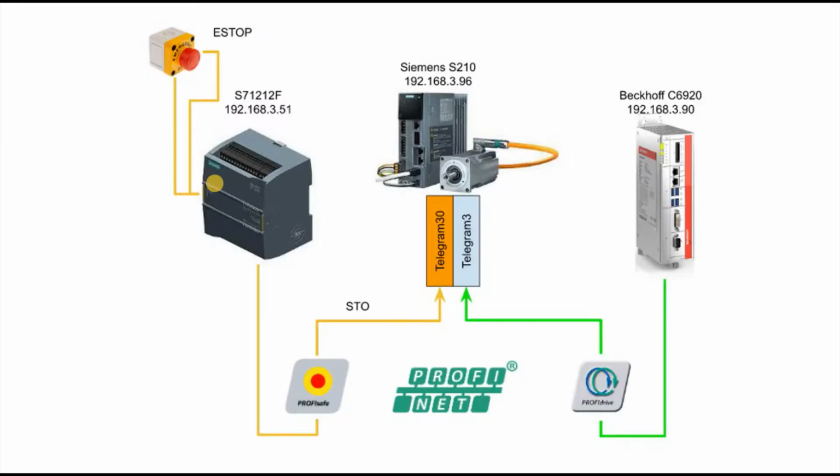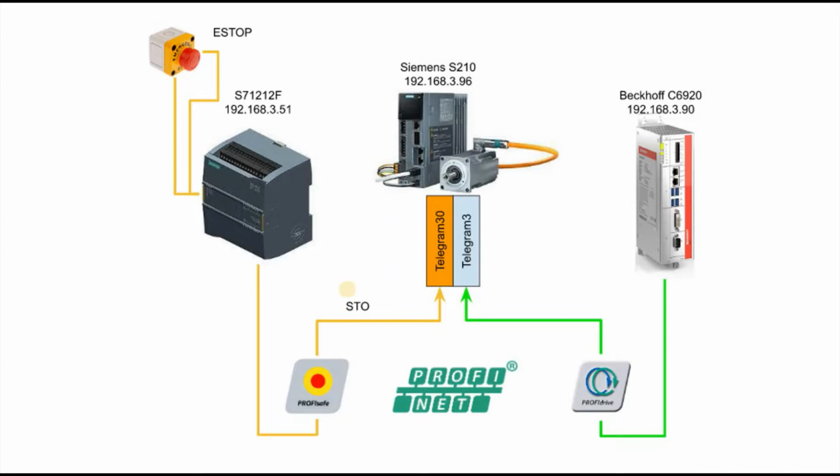Okay, let me first explain my configuration in this video. Here you will see a Siemens S210, which is the main character in my videos, and here's a Beckhoff C6920. In the last part, we configured a Profinet network to control this drive with Telegram 3.